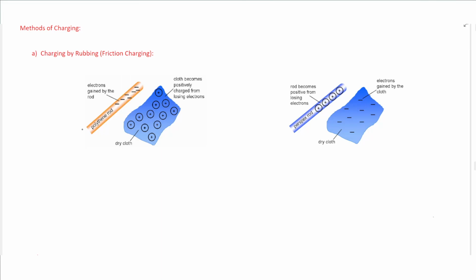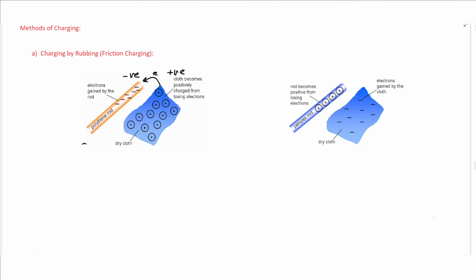For example, if you rub two materials, one will get a negative charge and one will get a positive charge. The one that gained negative charge gained electrons, and the one that gains positive charge lost electrons. So here the cloth lost electrons to the rod.